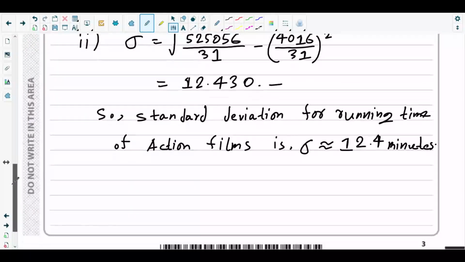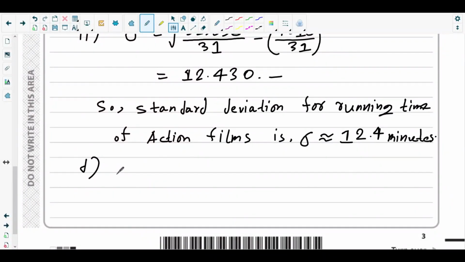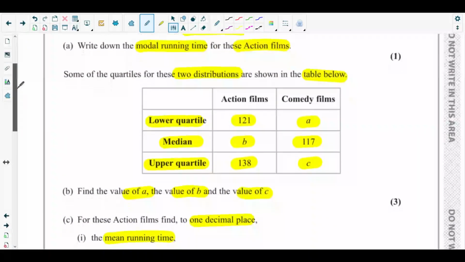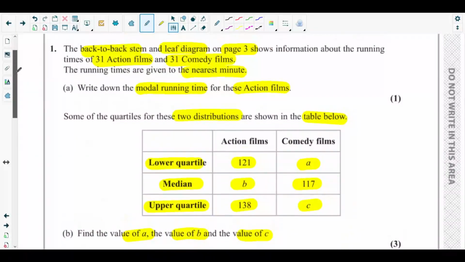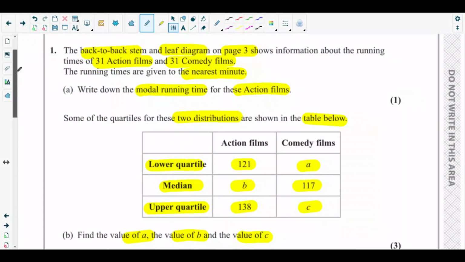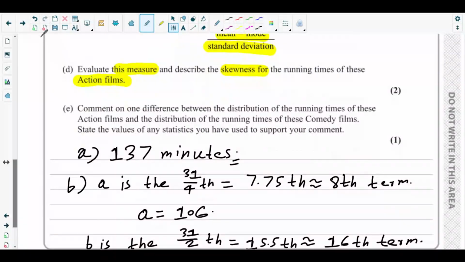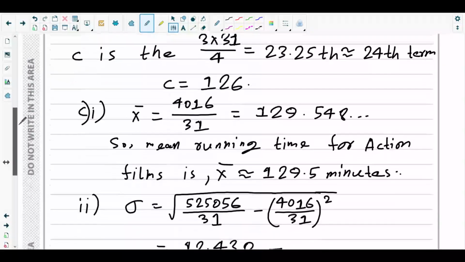Okay, so for part D, skewness is what? They said mean minus mode. Mean we got 4016 over 31, minus mode. Mode in part A, we wrote the mode. It was 129 if I'm not wrong. 137, sorry, 137 is the mode.